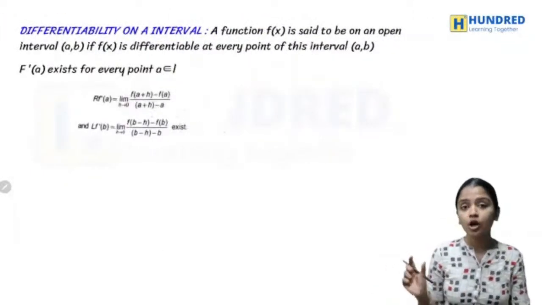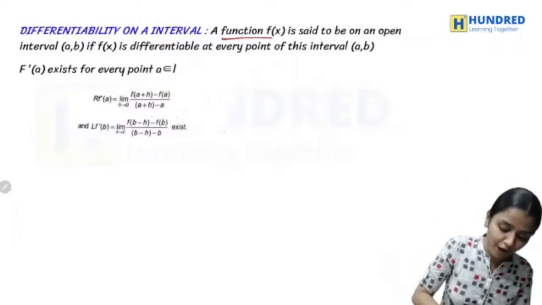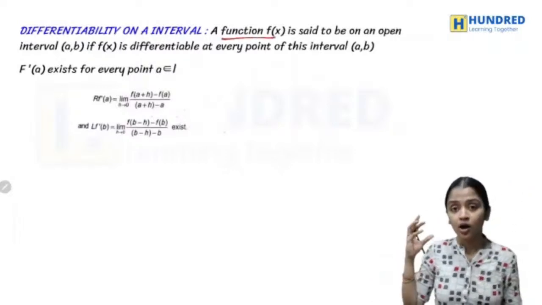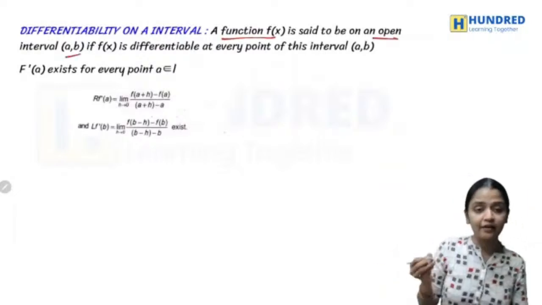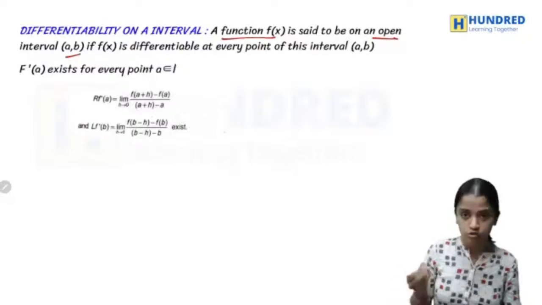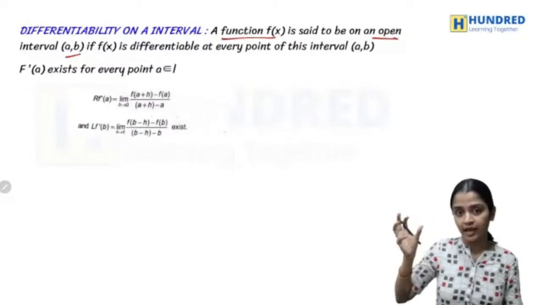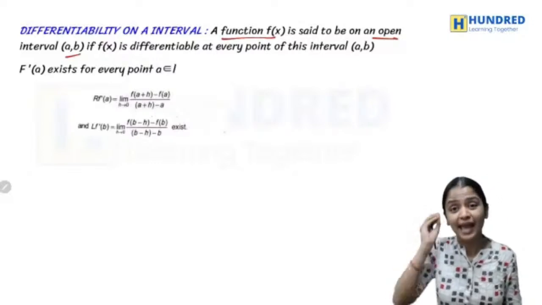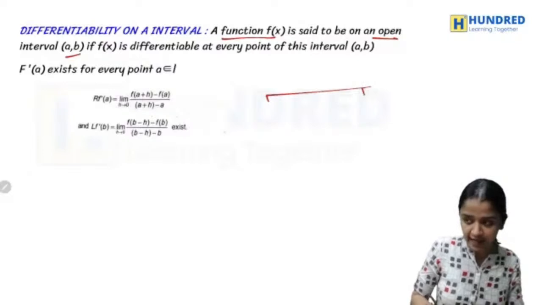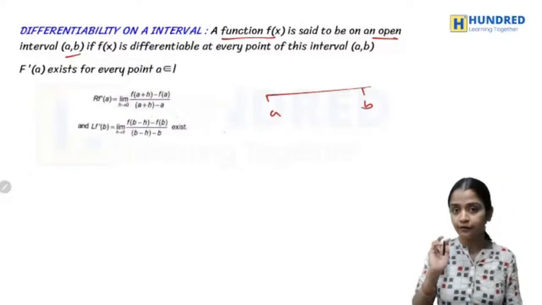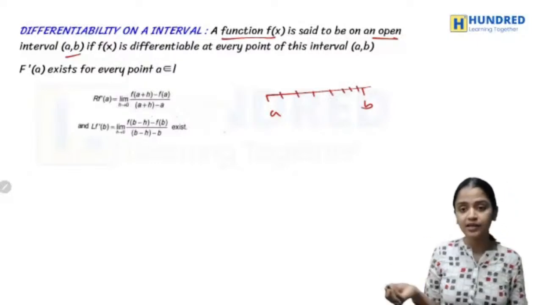Now we'll be talking about differentiability on an interval. A function is said to be differentiable in the open interval (a, b) if it is differentiable at every point inside the interval. You have an interval a and b, and inside this you have many points, right?